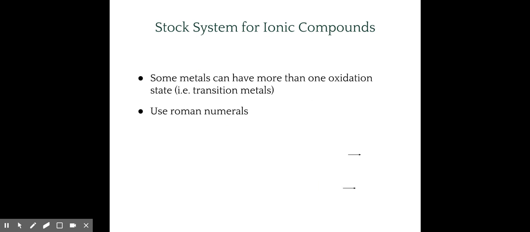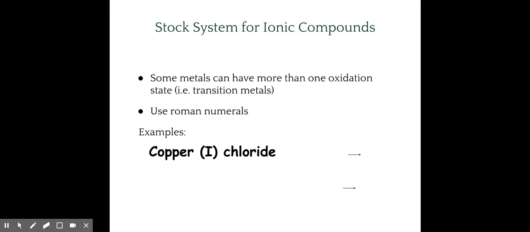Okay, so let's take a look at this. Some metals have more than one oxidation number, and we're referring to transition metals. Whenever you have transition metals, there will be a Roman numeral written to identify the charge, with the exception of zinc and silver. Remember, zinc is always +2, silver is always +1.